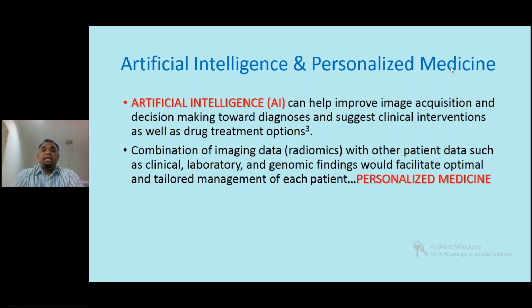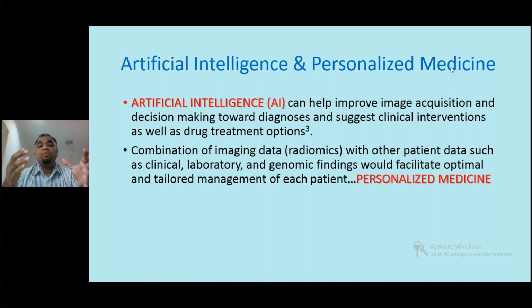So, artificial intelligence and personalized medicine. Artificial intelligence can help improve image acquisition, decision making toward diagnosis, and suggest clinical intervention as well as drug treatment options. So what does it mean? Let's imagine a rural area where there is a limited number of radiologists available in the hospital. You have an emergency situation that needs a rapid decision, and sometimes human error can occur.